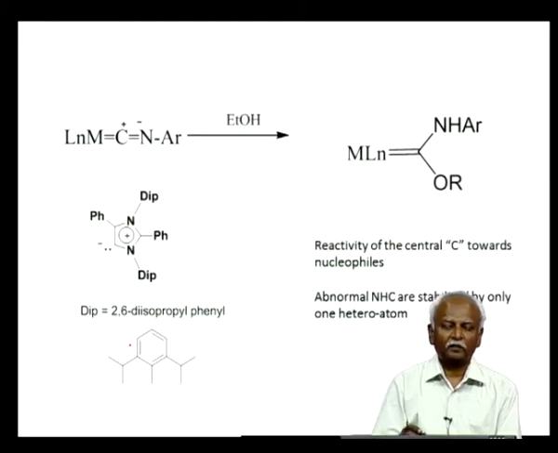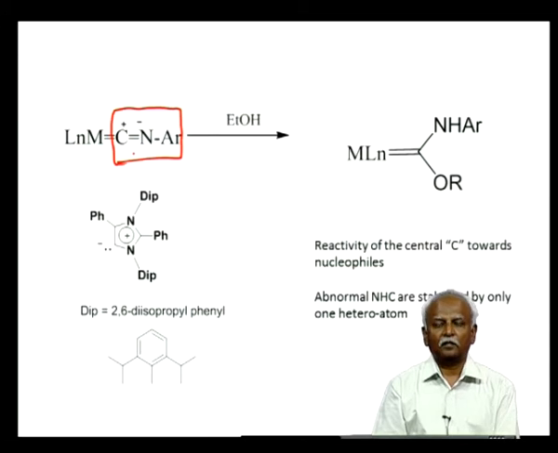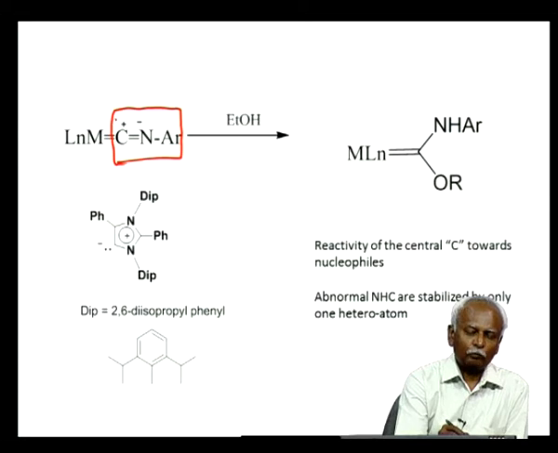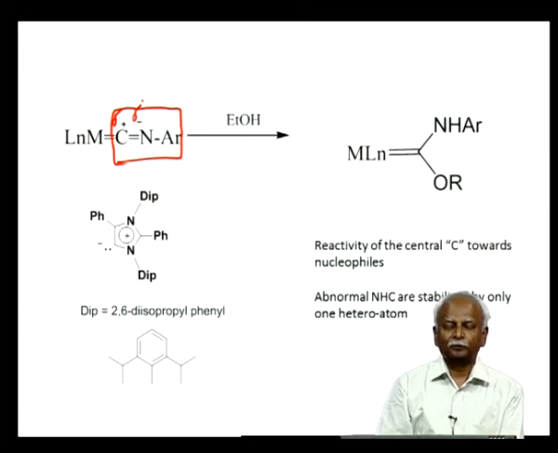If you take the metal isocyanide compound, this is a metal isocyanide complex, we noted that there is a resonance structure which can be written as M=C=N, and in this structure you have polarization of the carbon as delta plus and the nitrogen as delta minus because of the electronegativity differences.